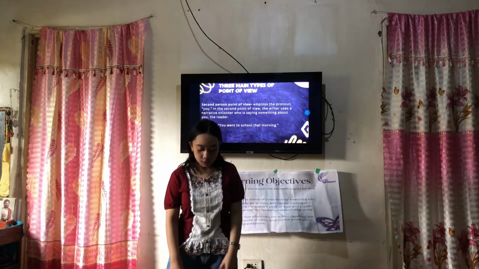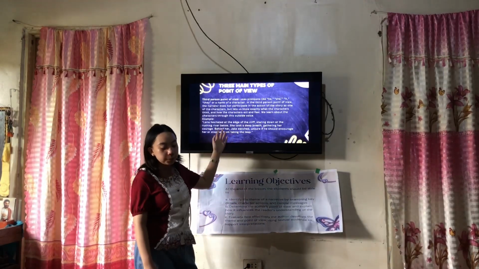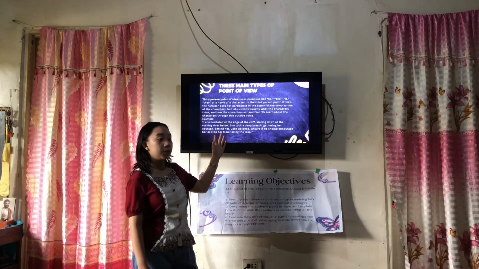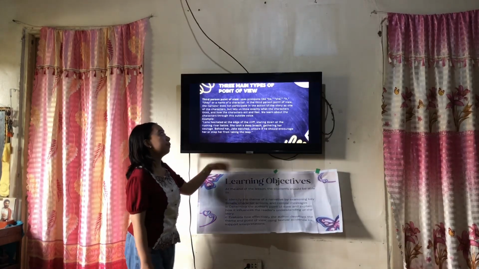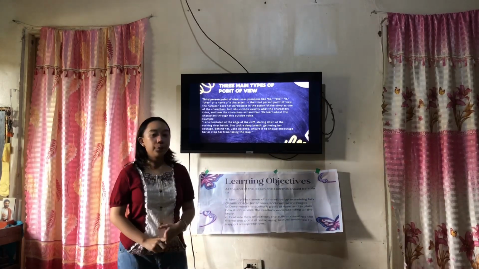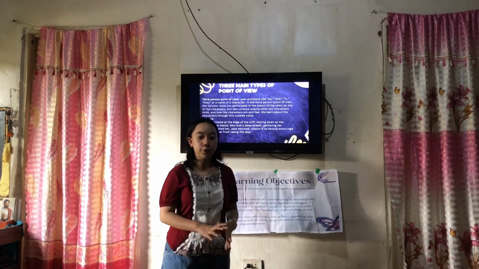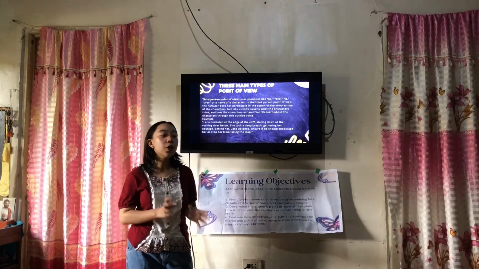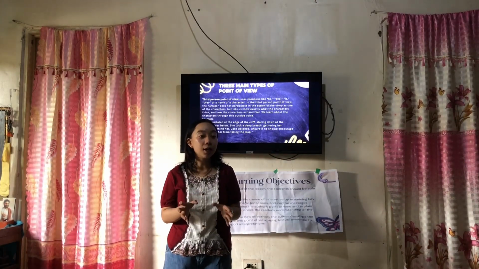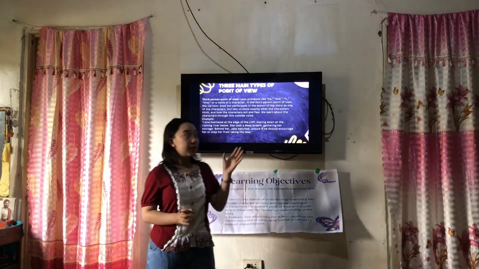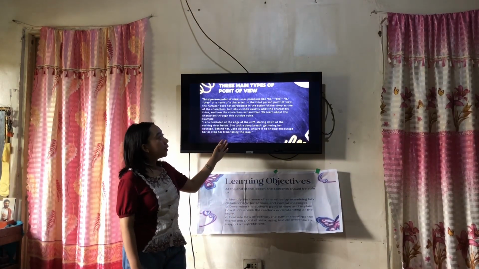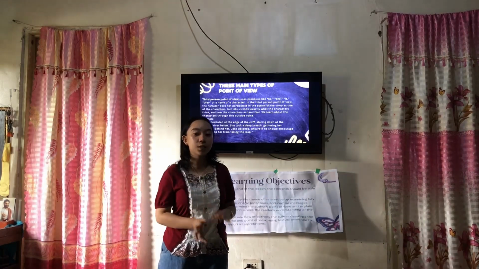So next is third person point of view. Kindly read, Mr. Fabricante, what is third person point of view? Okay, so the third person point of view is when the story is told by a narrator who is not a character in the story.